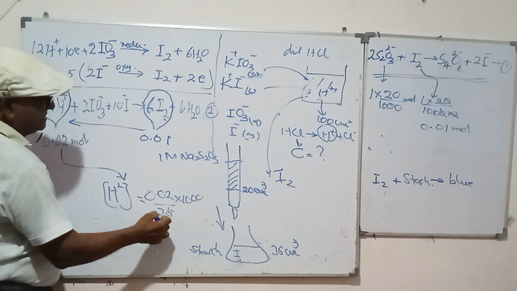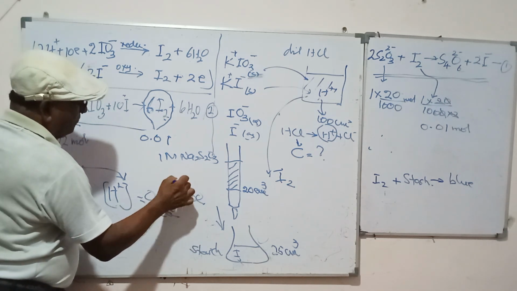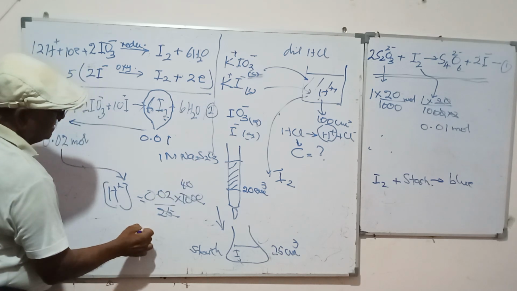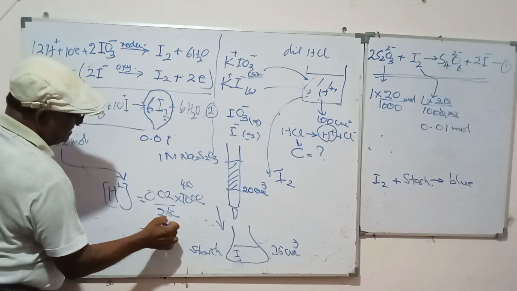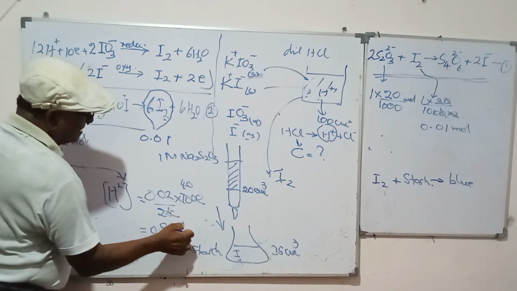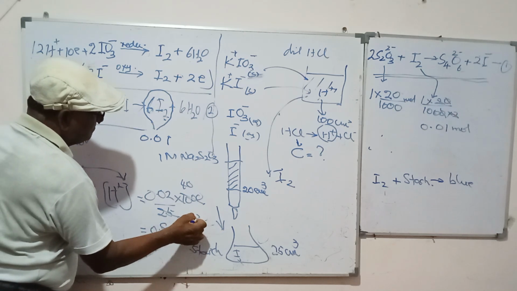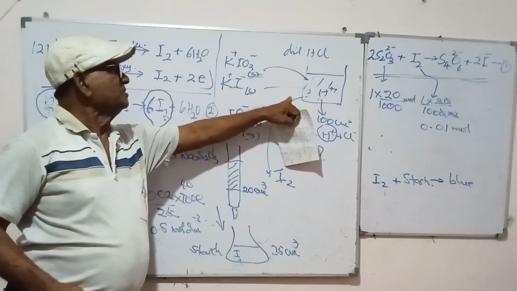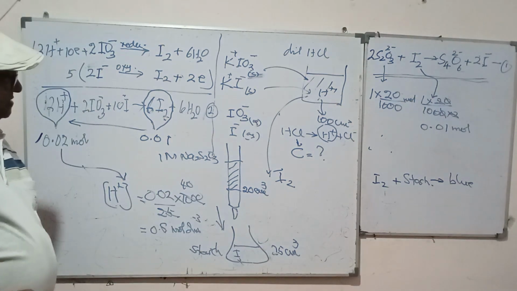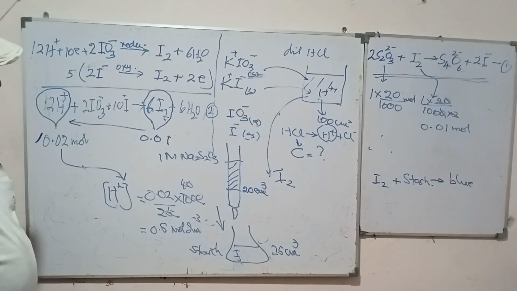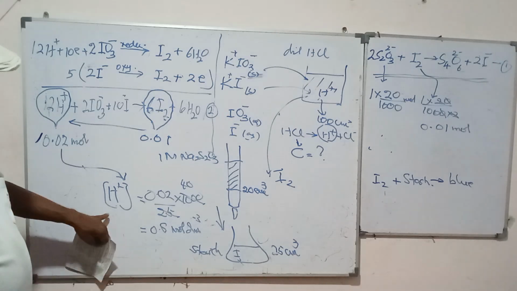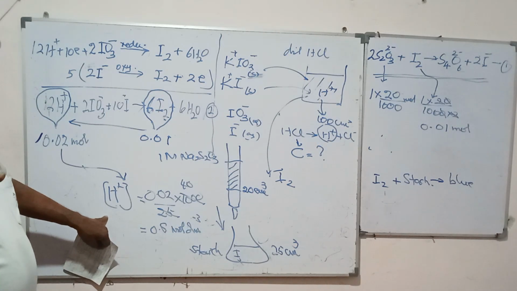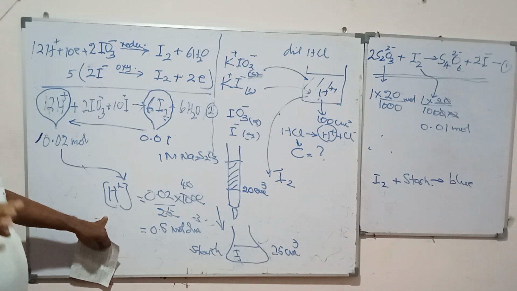So it is clear that, 40 times, 0.8 mole per cubic decimeter. This is the concentration of the previous solution of HCl. So we used the iodometric titration to determine the H plus concentration. It is one example.